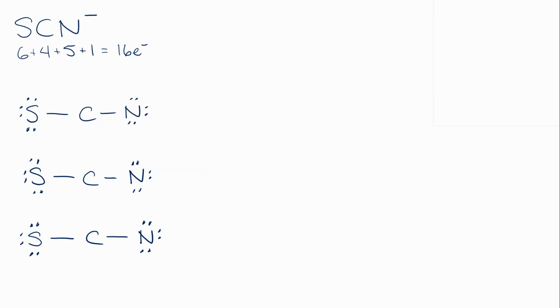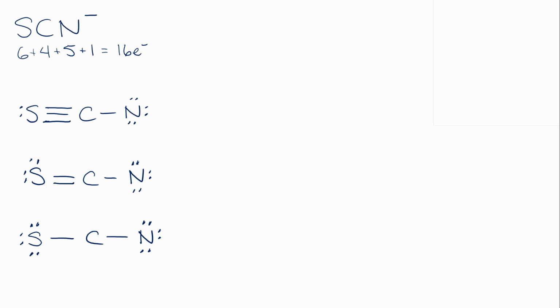And the last step was to make an octet for the central atom by pulling electrons from peripheral atoms so that they're shared. But there are 3 ways we can do this. We can pull one set from nitrogen and a second set from sulfur and make a triple bond between the sulfur and carbon.